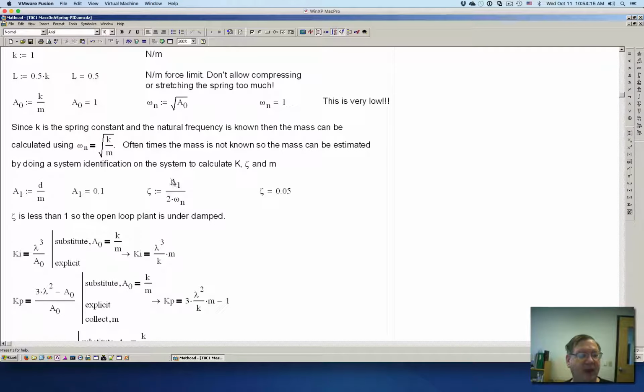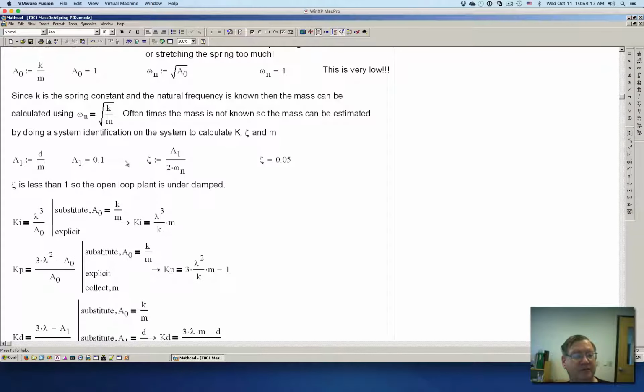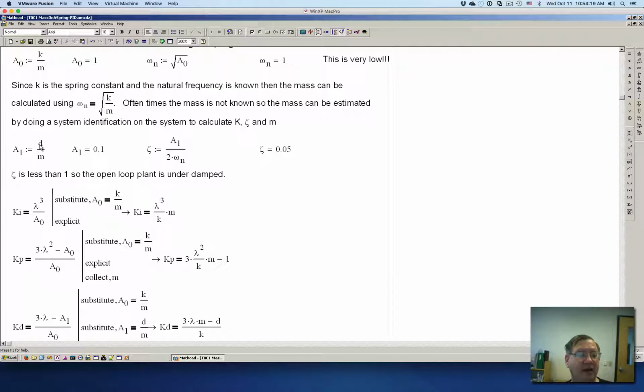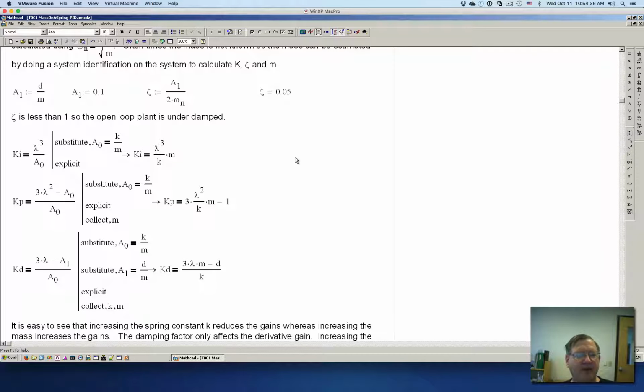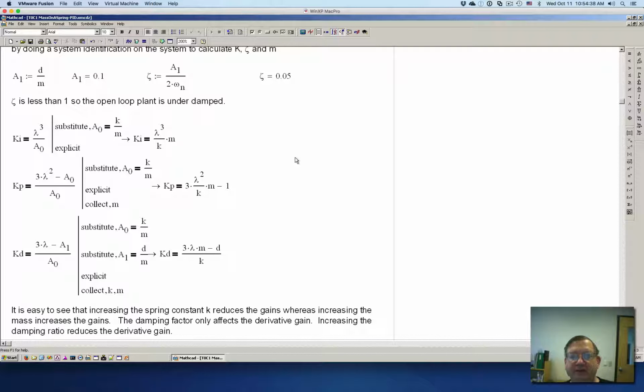And A1 is the damping, the viscous friction divided by the mass. And this is the formula for computing the damping factor, so I have a damping factor of 0.05, and that's extremely low too. So let's just take a look at how this affects the controller gains.